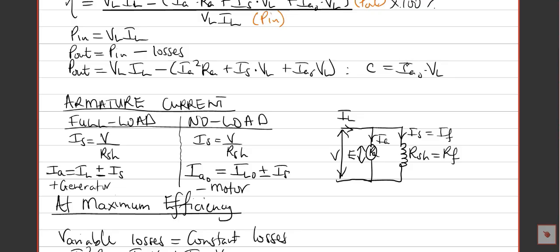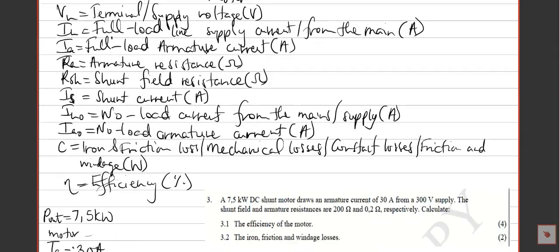This value can still be represented as C in the formula for output power. Since we found our input power, and we have the information for IA and the shunt expression, we can represent the same equation for output power.